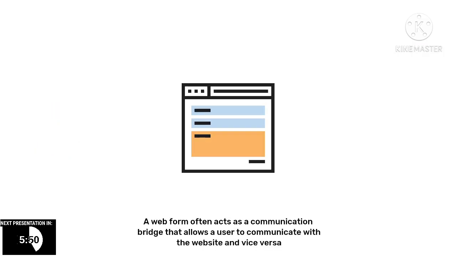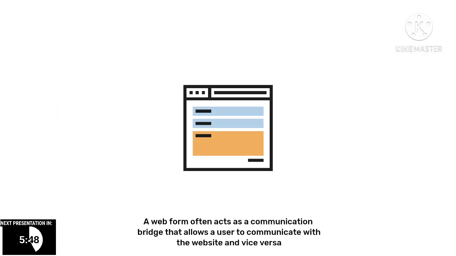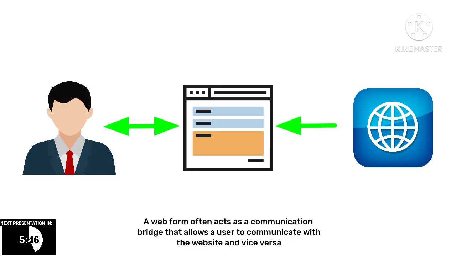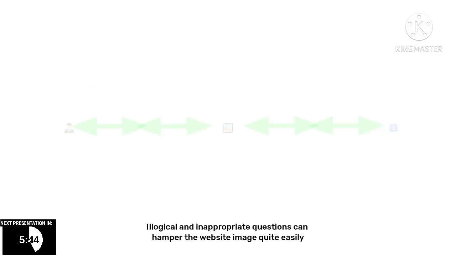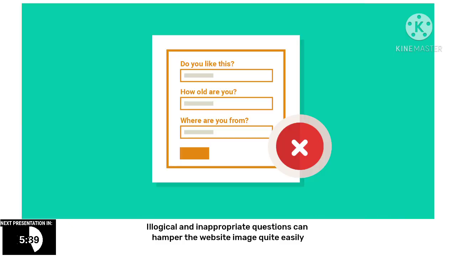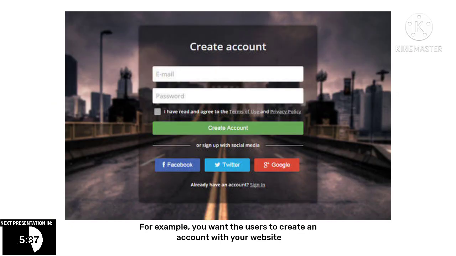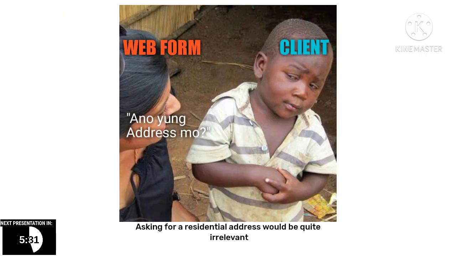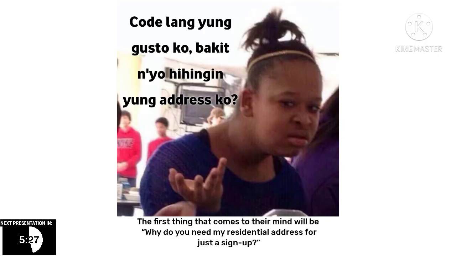A web form often acts as a communication bridge that allows a user to communicate with the website and vice versa. Illogical and inappropriate questions can hamper the website image quite easily. For example, you want the users to create an account with your website. Asking for a residential address would be quite irrelevant. The first thing that comes to their mind will be, why do you need my residential address for just a sign up?